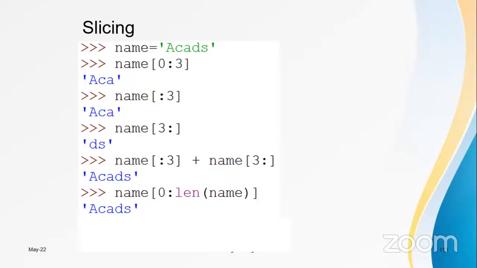Zero is A, length is the end. So 1, 2, 3, 4, 5 is the length. Right?